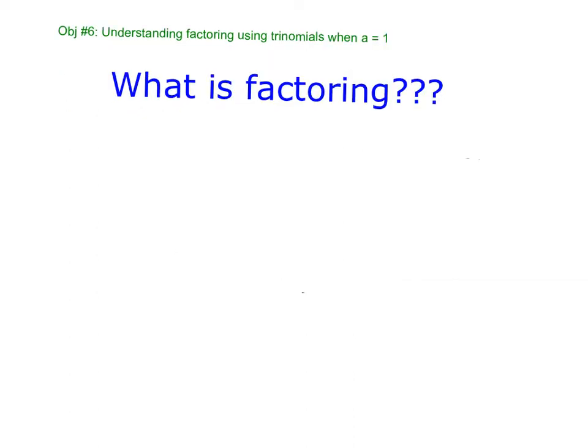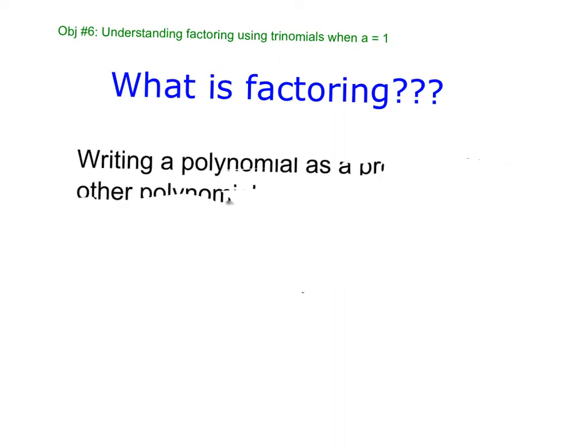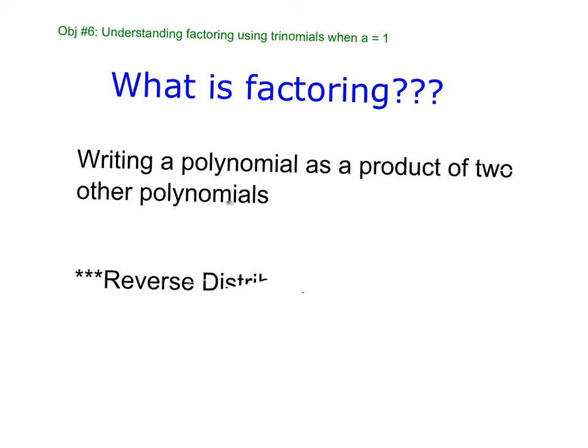Okay, and then remember our definition of factoring. It's writing a polynomial as a product of two other polynomials or reverse distributive property. So we're doing today reverse, double distributing, or FOIL, whatever phrase you use for the two binomials multiplying.